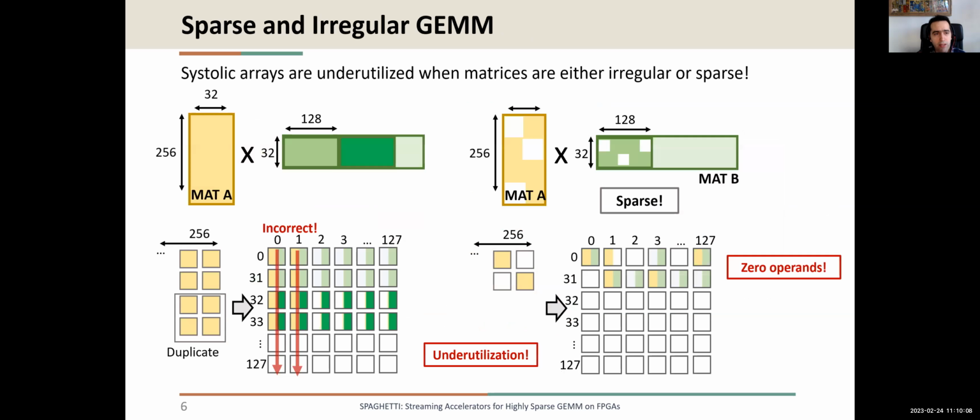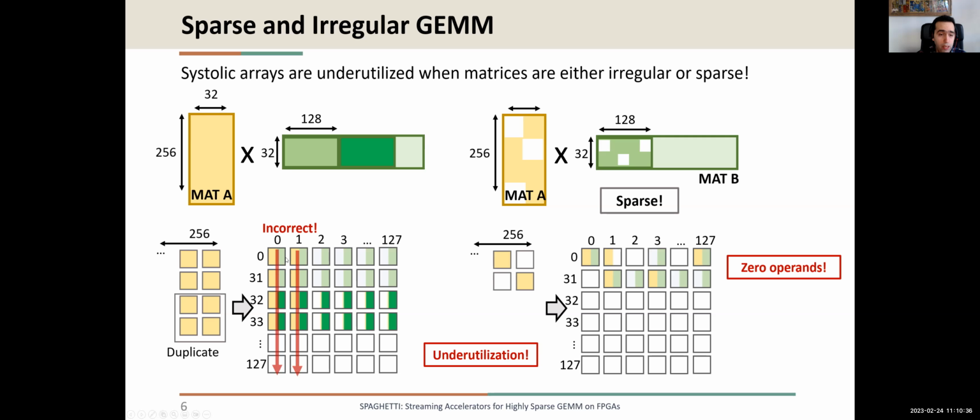But there are some challenges with systolic arrays. In particular, when the matrices are either irregular or sparse, the systolic array cannot offer good performance. On the left, I'm showing an irregular matrix multiplication. We can still take the first tile from the right matrix and put it in the processing elements.